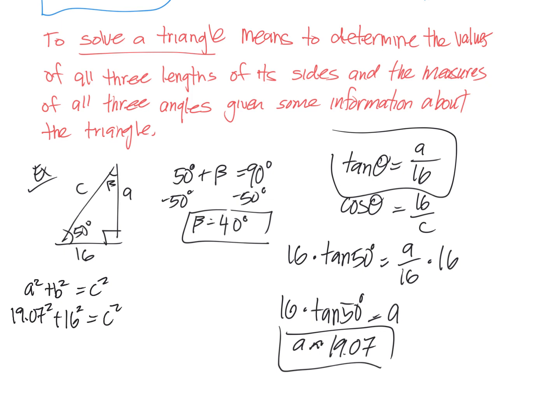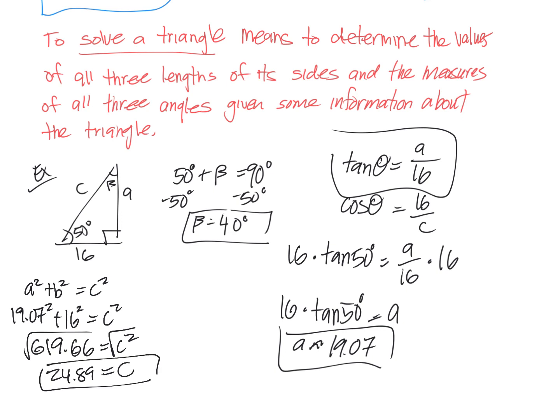And so 19.07 squared plus 16 squared gives us c squared. Adding these two together, we get 619.66 is about c squared. Taking the square root, we get c is 24.89. This is more of an approximation.